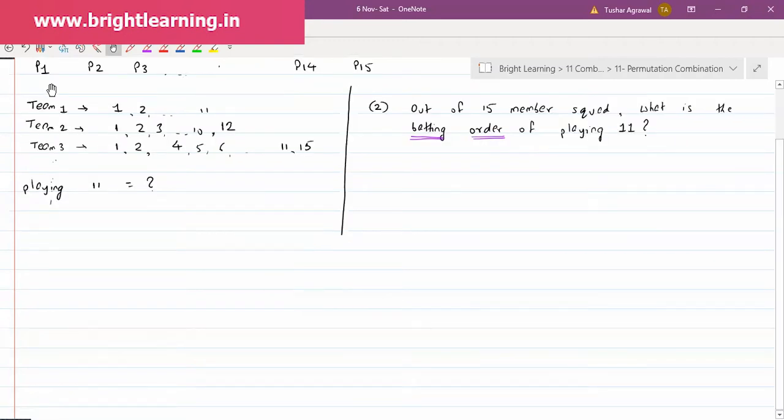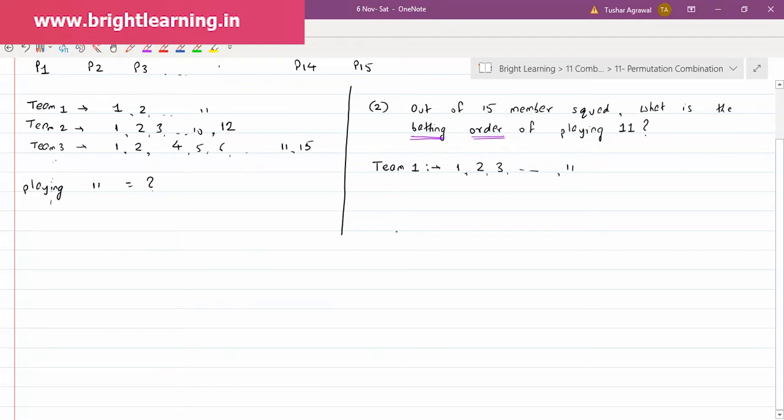So in team 1 only, if you consider 1, 2, 3, 4, 5, 6, 7 up to 11, player 1, player 2, player 3 up to player 11, lots of arrangements, lots of batting orders are possible. What was my team one? My team one was 1, 2, 3, 4, and so on up to 11, simple order.